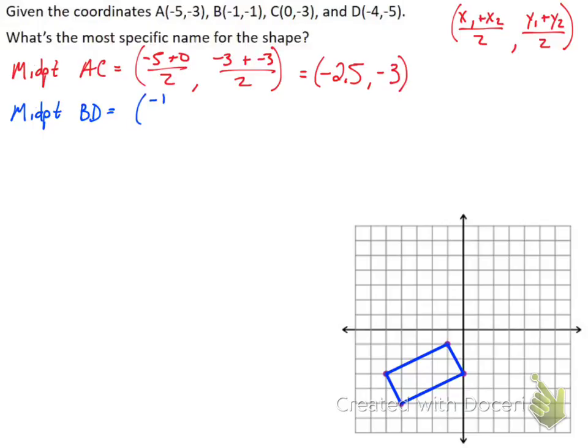So I'm going to go -1 plus -4 divided by 2, and then -1 plus -5 divided by 2. So -1 plus -4 gives me -5, divided by 2 gives me -2.5. And then -1 plus -5 gives me -6, divided by 2 gives me -3. So again, same midpoint, so I know it's a parallelogram.